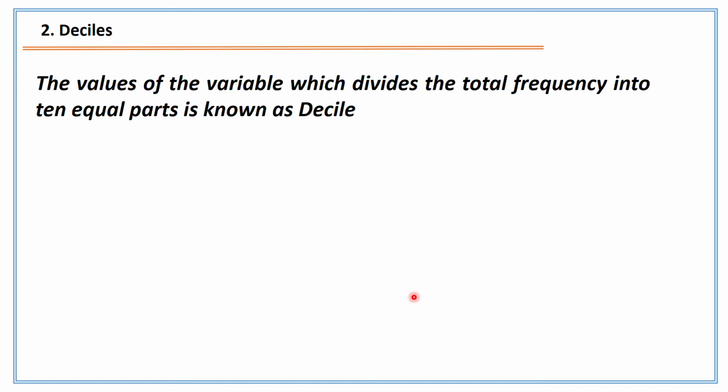What does decile mean? The value of the variable which divides the total frequency into 10 equal parts is known as decile. As the name indicates, deci means 10. When we were dividing into 4, it is quartile, and when we are dividing into 10, it is decile. The formula for computing decile is d1 equals L plus (n by 10 minus Cf) upon f into i.